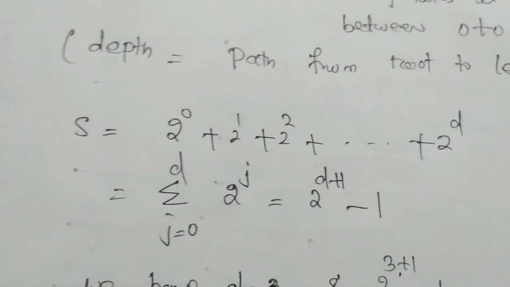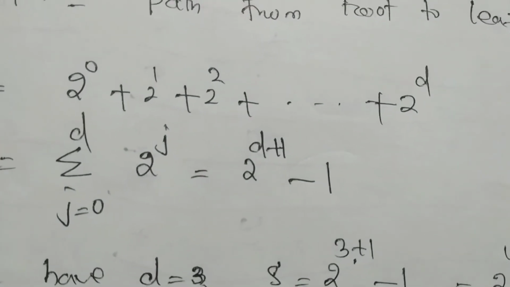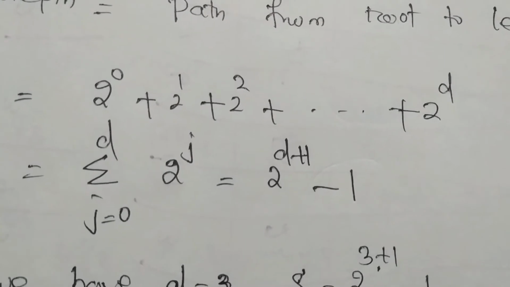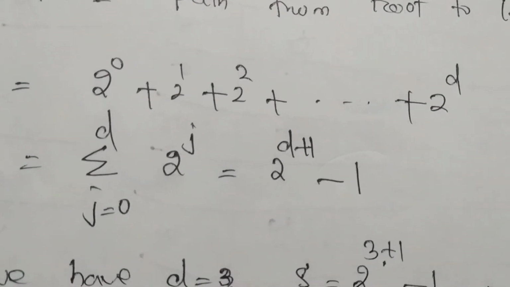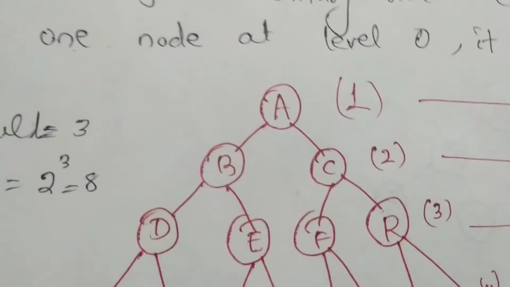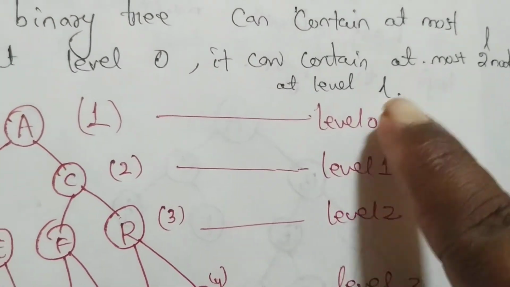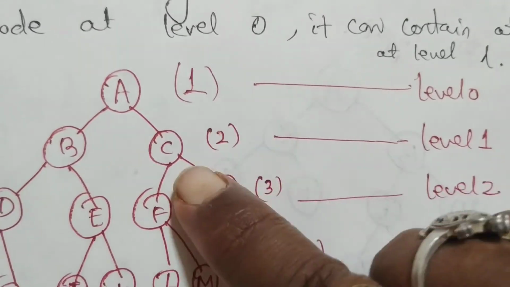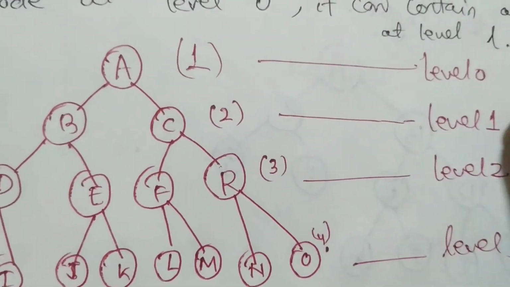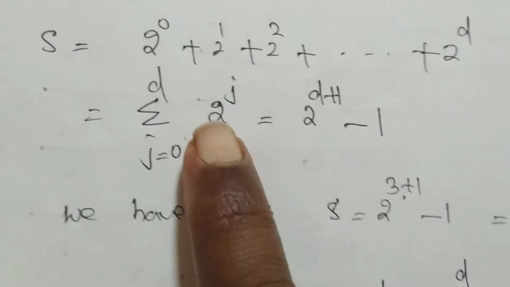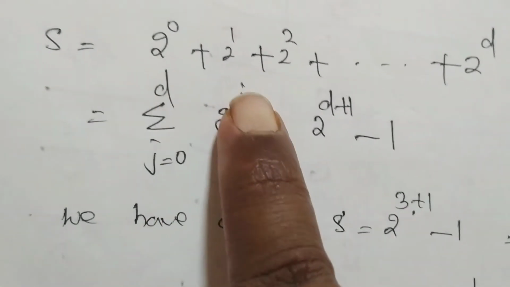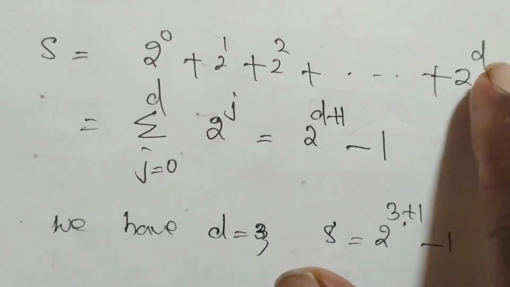Okay, and using the formula, how to calculate the total number of nodes? S equals 2 to the power 0. Why 2 to the power 0? Because at the first label, according to the formula 2 to the power L, L equals 0, so first level 2 to the power 0, next level 2 to the power 1. So we use 2 to the power 0 plus 2 to the power 1 plus 2 to the power 2 up to 2 to the power d.